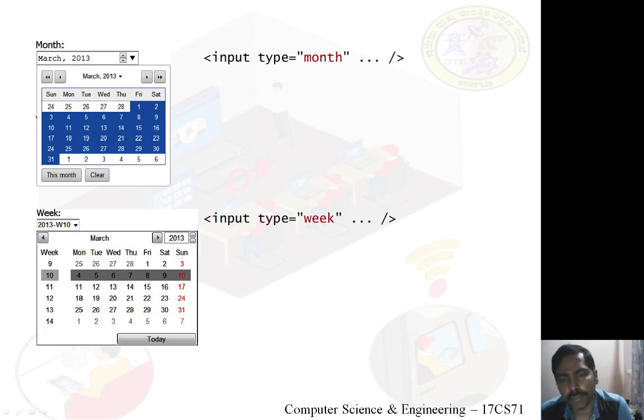I need to make use of the input tag with type as week. As seen in the example, I have specified here 2013, and I want to know the month and the range of days week 10 belongs to in that entire year 2013. And as you can see in this slide, week 10 in 2013 belongs to March, and the range of days is 4 to 10.